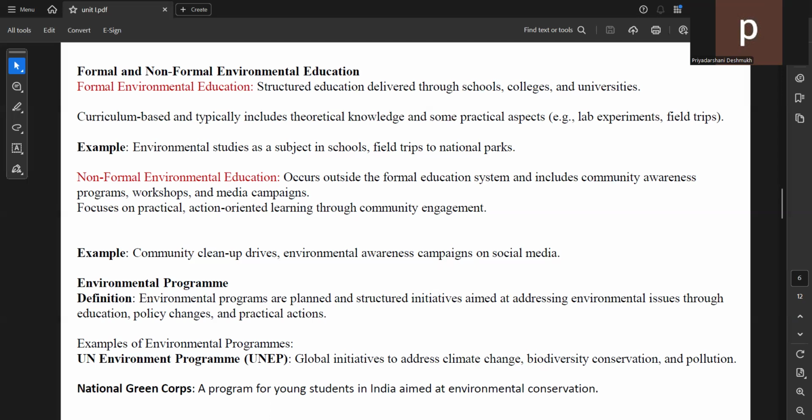For example, first is the UN, that is the United Nations Environment Programme, with global initiatives to address climate change, biodiversity conservation, and pollution. The next that we can see is the National Green Corps, a program for young students in India aimed at environmental conservation.